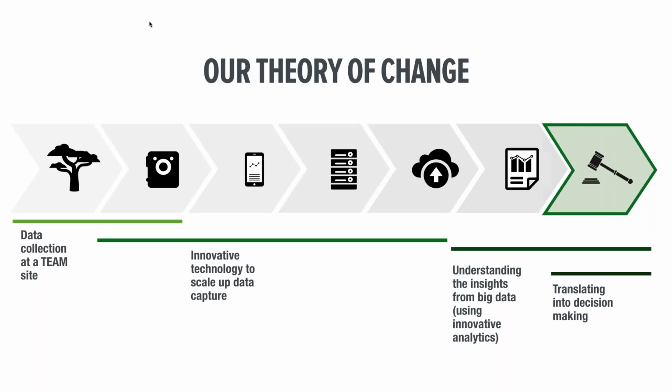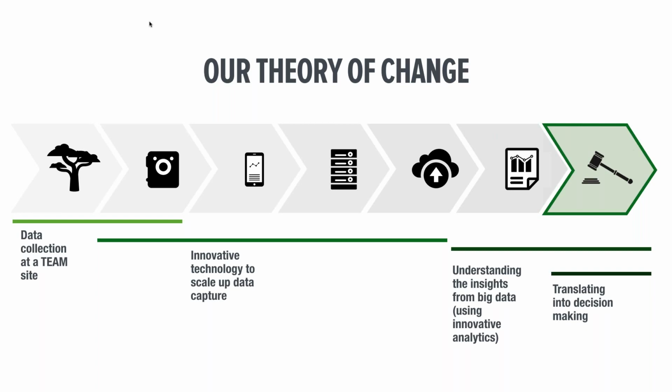Basically, our theory of change, or let's call it our modus operandi, is that we collect data at a TEAM site, typically a protected area. As much as possible, we use technology and standardized sensors because we want the data to come in as clean as possible. So we've done a lot of innovation in developing technology to scale up and process this data.